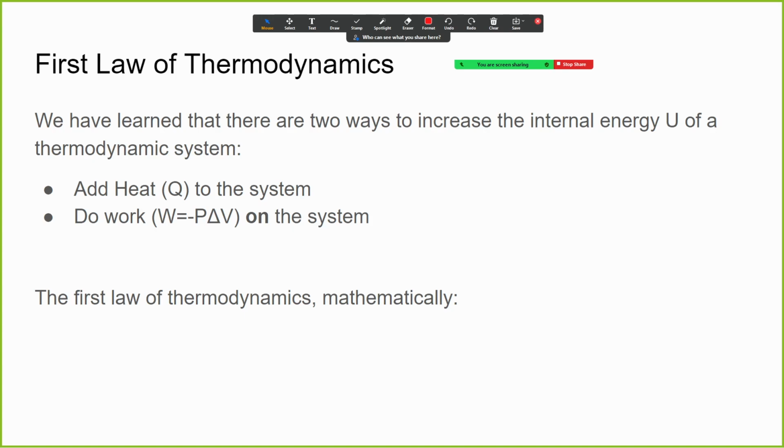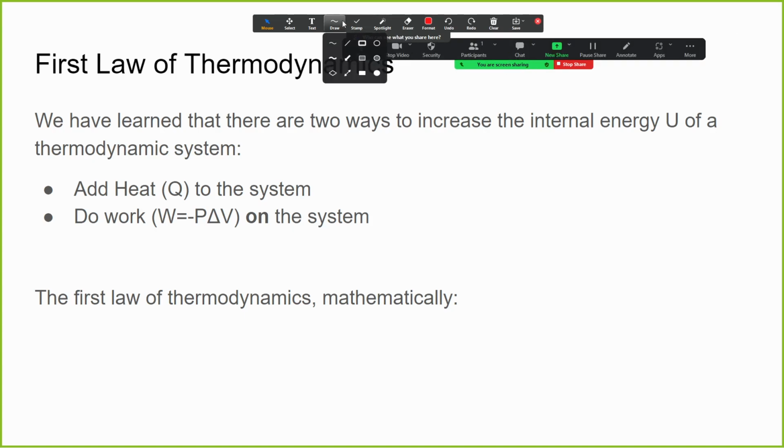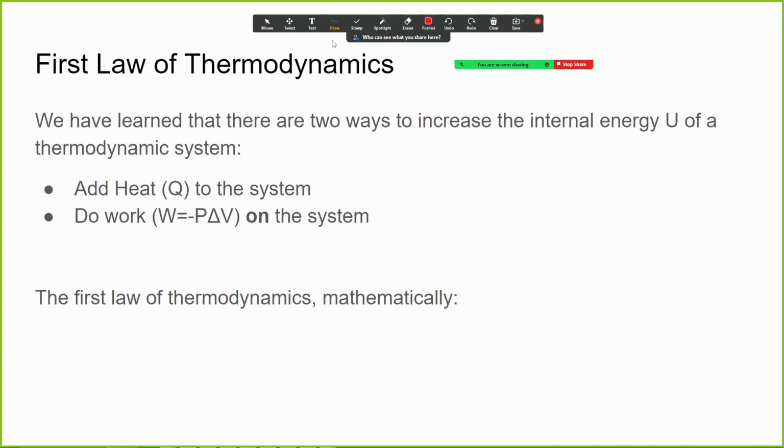Okay, so look at that. You got another equation on your reference table, but I'm pretty sure this is the last one for thermo, at least. So, mathematically, the change in internal energy is equal to Q plus W. Once again, Q being heat and W being work.